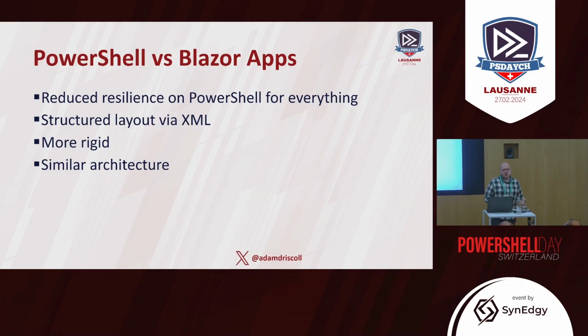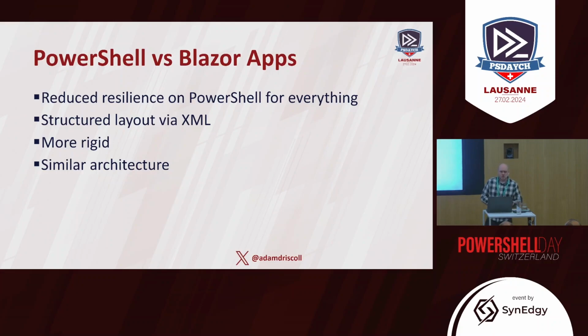This reduces that and has a static structured layout via an XML type syntax that is very similar to the Blazor one. We actually just modeled it right after that to render that, which effectively avoids having to call so much PowerShell because we're just rendering XML, which is good for performance and that kind of thing.